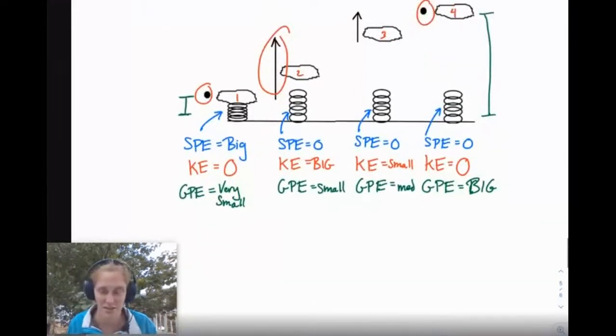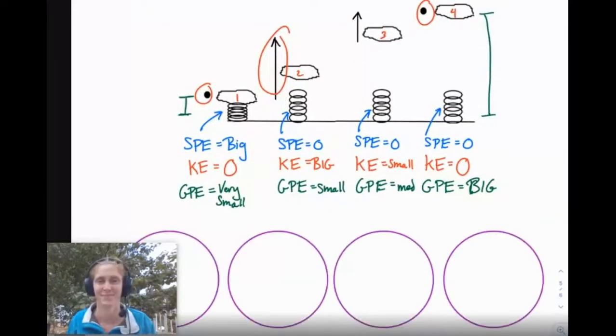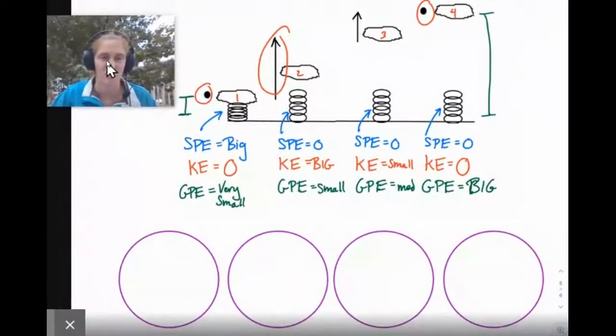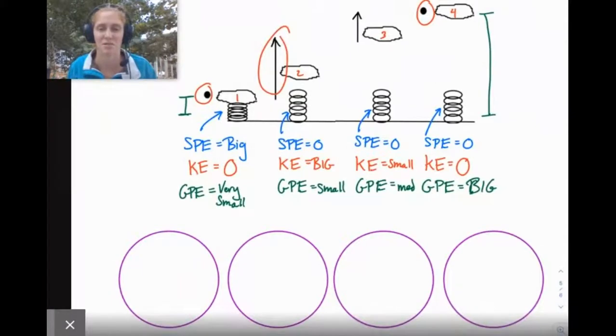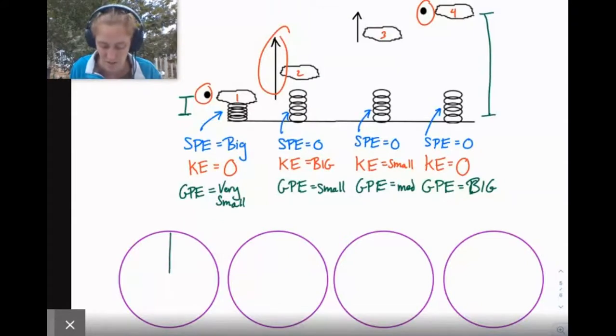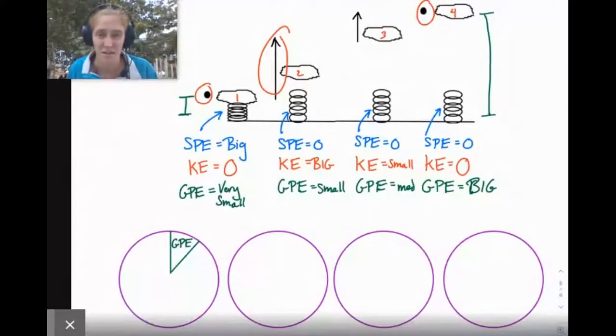All right, so let's do pie charts. When I start to draw these, I'm going to start with my gravitational potential energies because I want to make sure that I start very small and end all the way big. So I'm going to start here with just a small gravitational potential energy. And then the next one needs to be bigger because my blob is just a little bit higher.